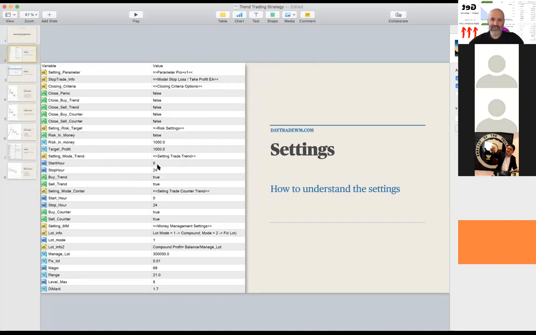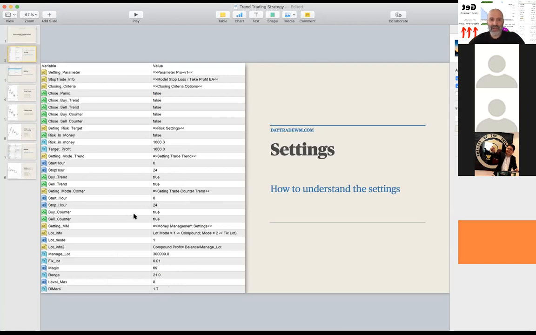Let's say you selected start hour 6 and stop hour 18, it will take new trades between 6 and 18. However, the follow-up trades, which are based on the grid, it will still take them unless you put the level max, like maximum 1 or 2 or whatever you want. Okay. So this is for the start hour and stop hour.